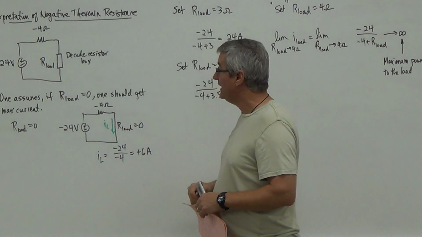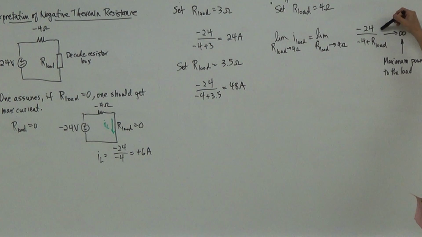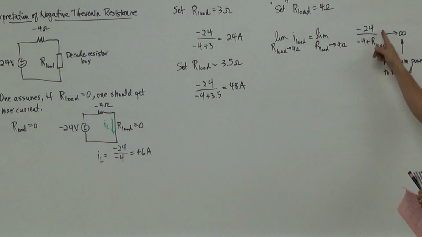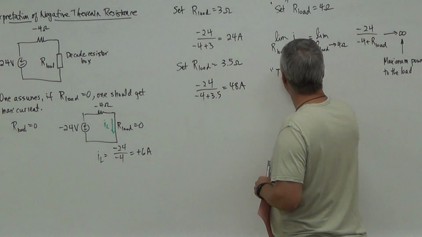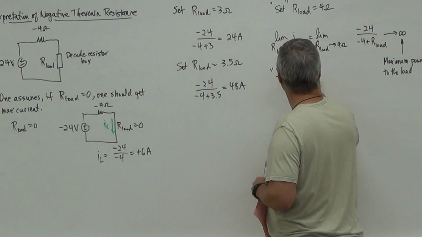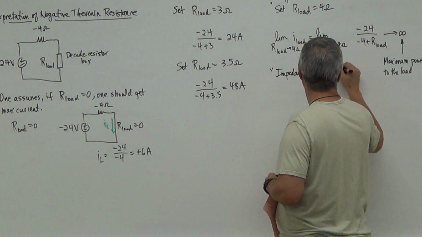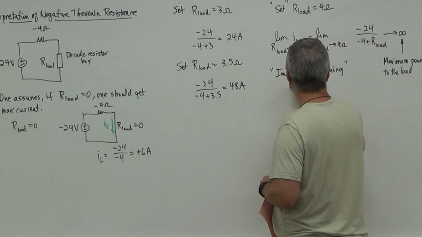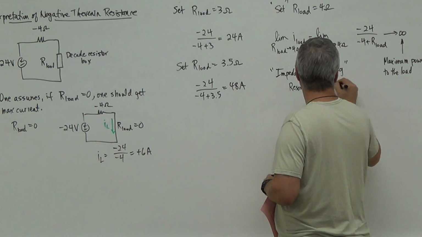So this sort of has a lot of hints as to how you get this maximum here. And this is what they call impedance matching. And impedance matching is really nothing other than that you resonate the circuit.